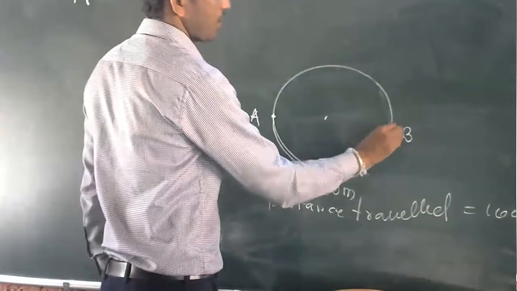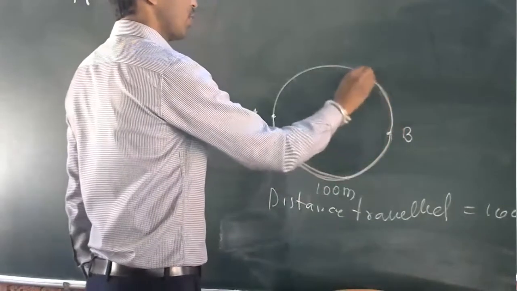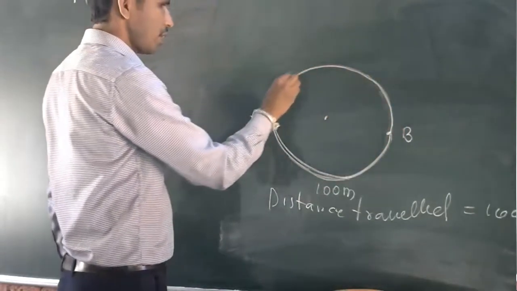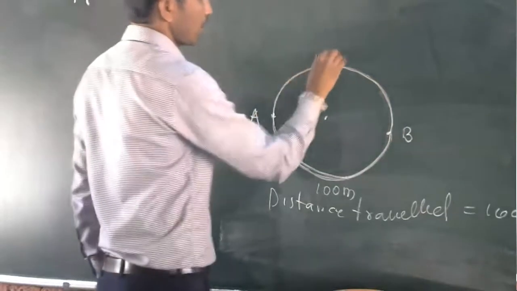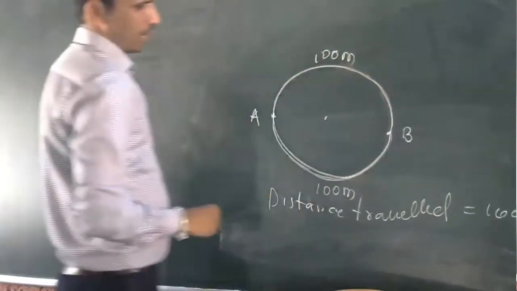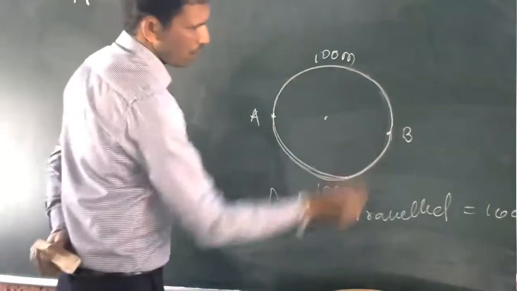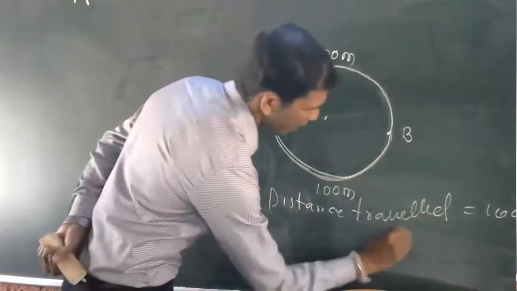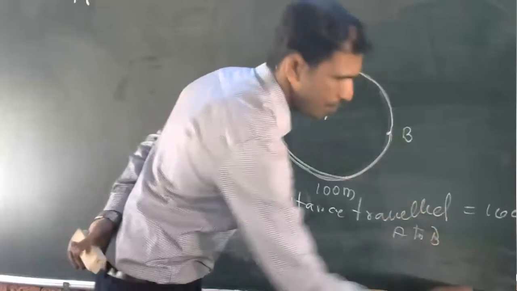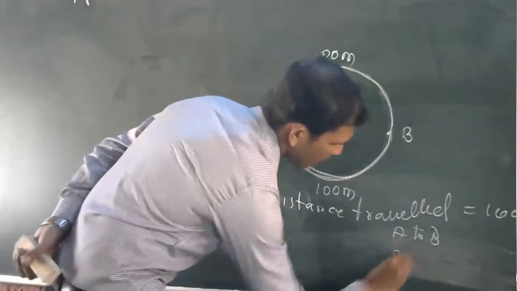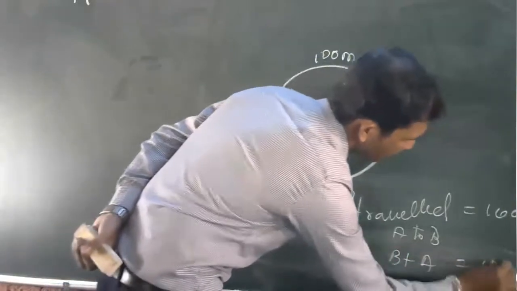Again he is moving from B and coming to C, again 100 meters. So this is the distance traveled from A to B. Then again he is traveling from B to A, again 100 meters.